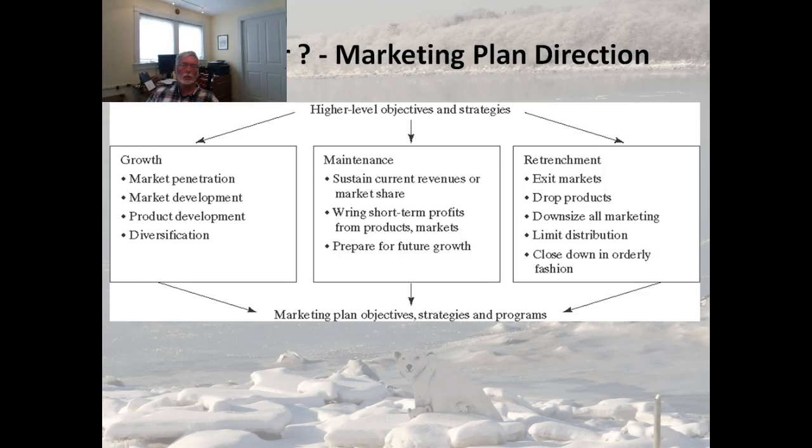So sustain where we're at for revenues and market share, maybe try to get more profit from those things, and have our eyes open for future growth. And this might be part of a strategy because a market has shrunk or isn't growing, and we just want to maintain our share, and then when things grow again, we'll be good.